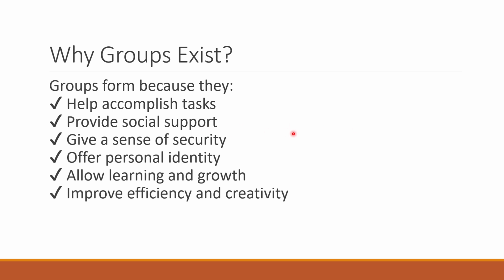In organizations, groups exist to solve problems faster, share responsibility and improve creativity. For example, a brainstorming team gets together to generate more ideas collectively than any one person could individually. Therefore, groups improve both personal satisfaction as well as workplace performance.